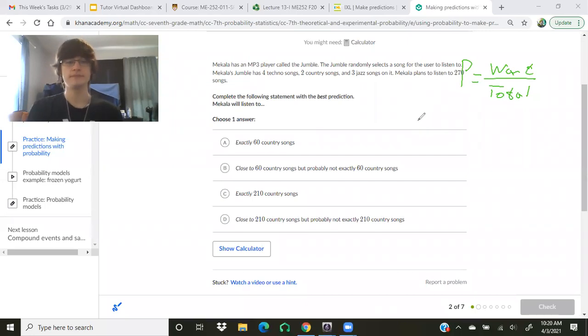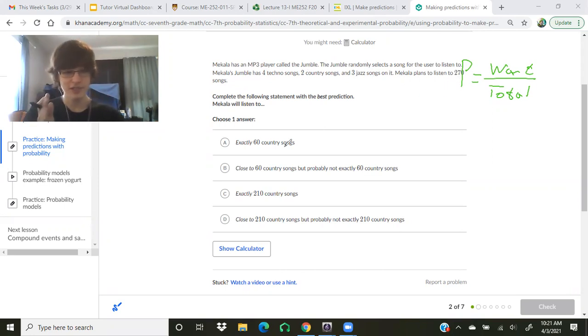So for this question, Makala, maybe Mikola, has an MP3 player called the Jumble. The Jumble randomly selects a song for the user to listen to. The Jumble has 4 techno songs, 2 country songs, and 3 jazz songs on it. They plan to listen to 270 songs.